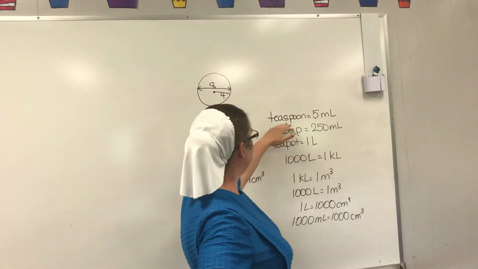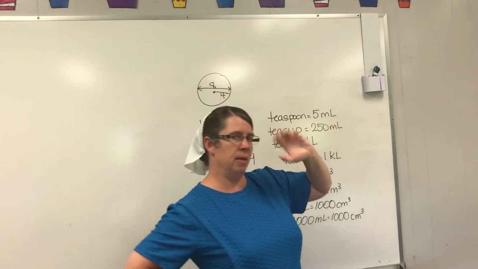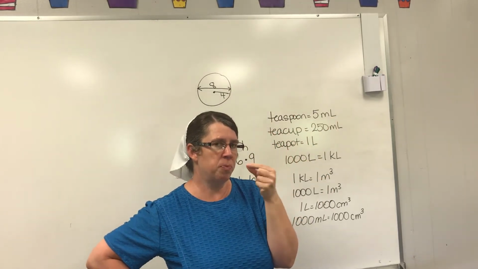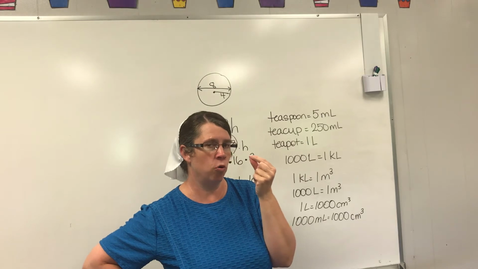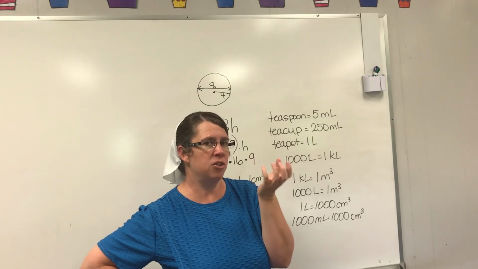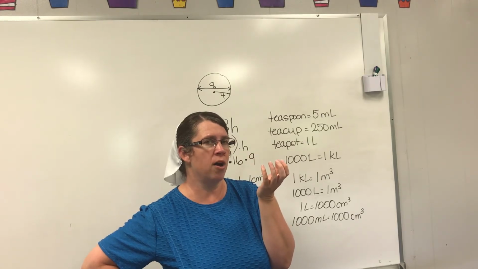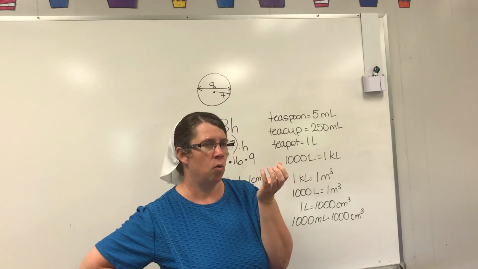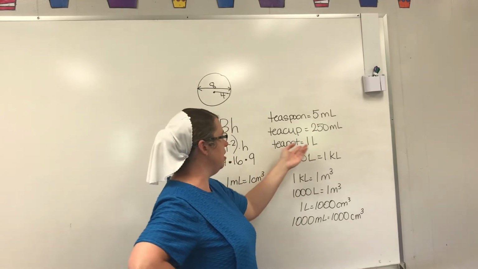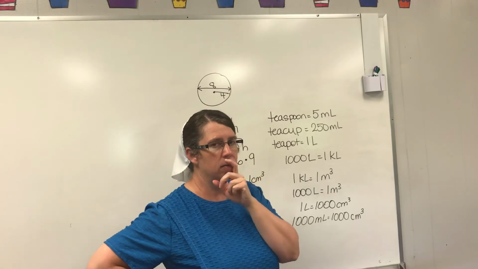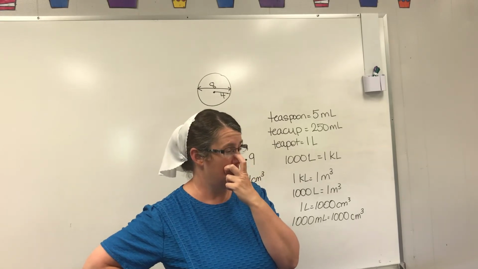Or a teaspoon holds 5 milliliters. So a little spoon that you eat soup with holds 5 of them, and a big soup dipper would hold 150 of them. Or would it hold 150 liters, one a teapot can hold?